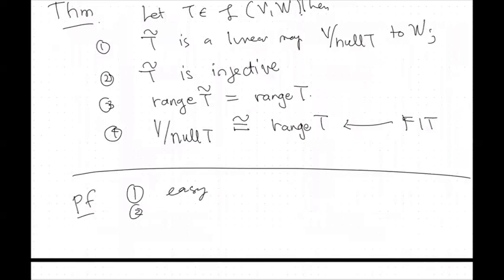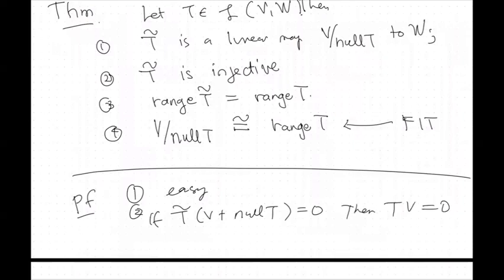Number two, suppose T tilde of v plus null T is equal to 0. Then T of v is equal to 0.